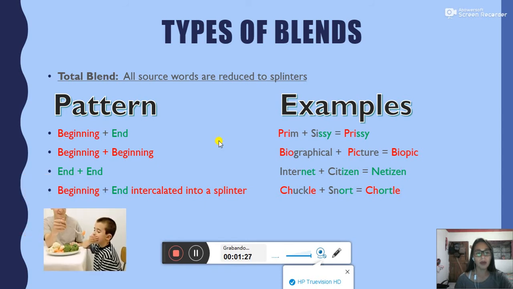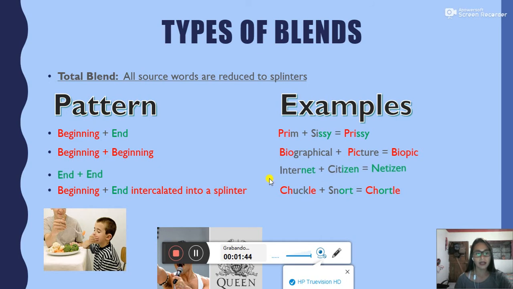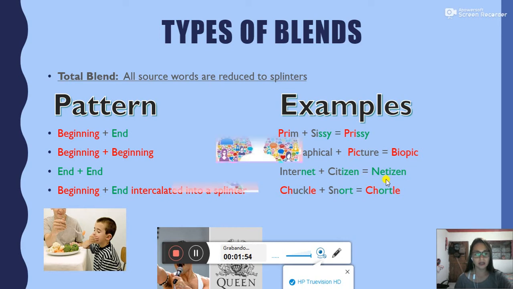The second pattern is when I use the beginning part of the first word plus the beginning part of the second word. For example, biographical plus pictures results in biopic. And when I use the end part of the first word plus the end part of the second word, the result is the word netizen.